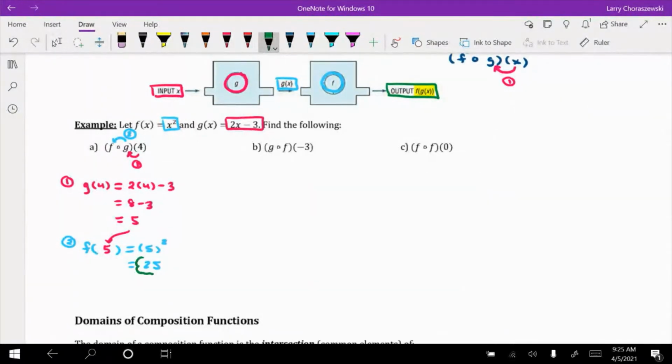Now, our second output here is our official answer. The first output got morphed into an input of the function f of x. And whatever comes out of that second function that we use is our official answer. In other words, f of g of 4 is equal to 25.